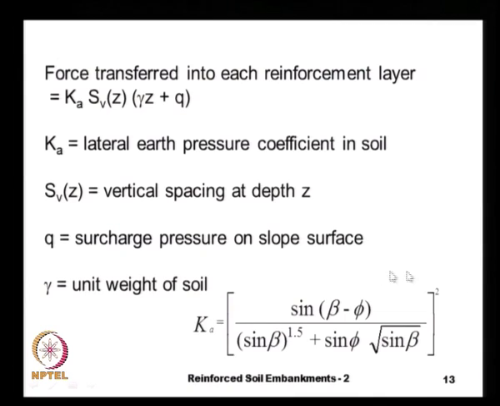And this quantity, if we substitute beta of 90 degrees, will be equal to our Ka for Rankine's theory, that is 1 minus sin phi by 1 plus sin phi, and for the slopes this is much lower, as we will see later on.